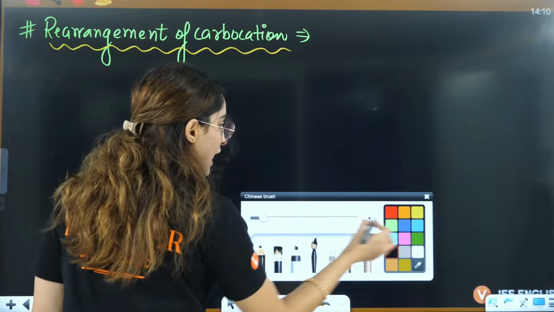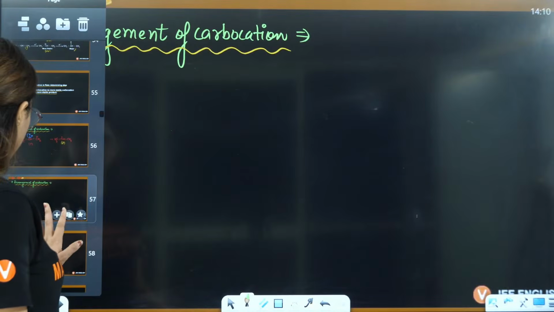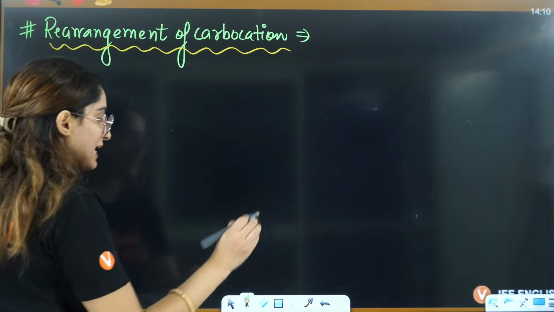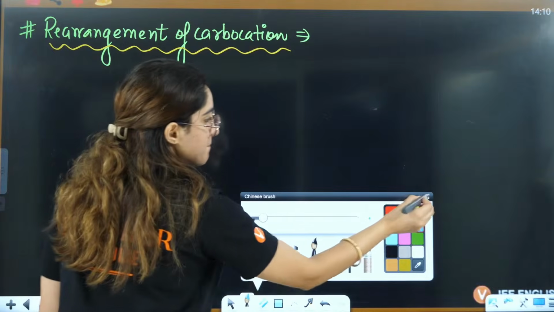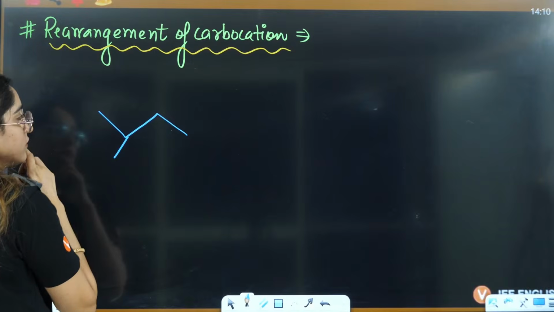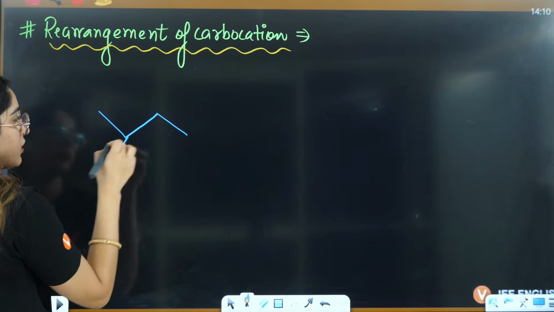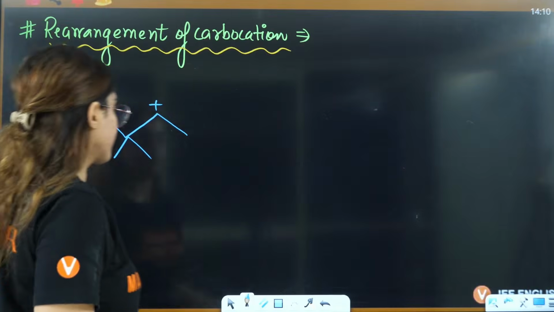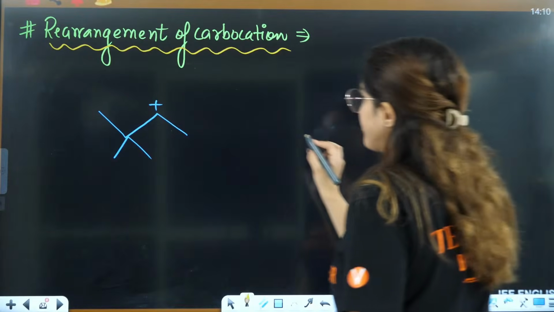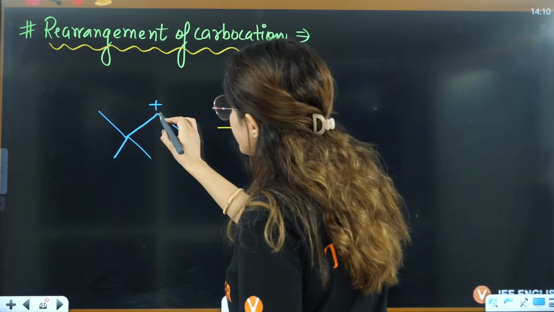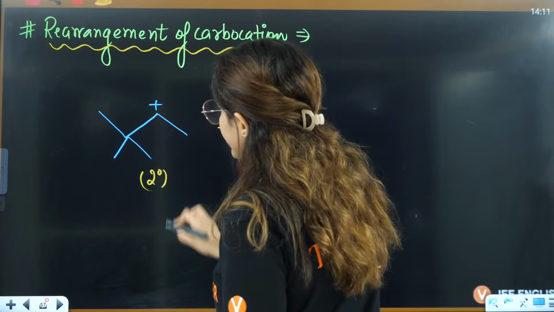So guys, let's say you have this group, and the positive charge is here. This is the compound that you have, and the carbocation is here. This is a 2 degree carbocation.